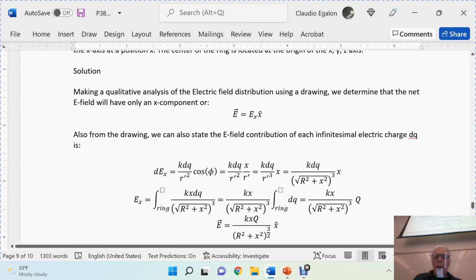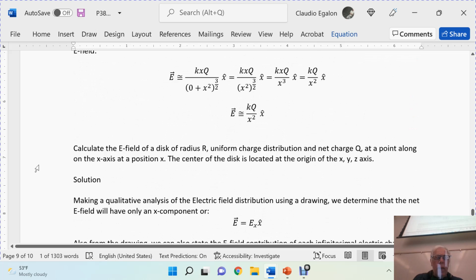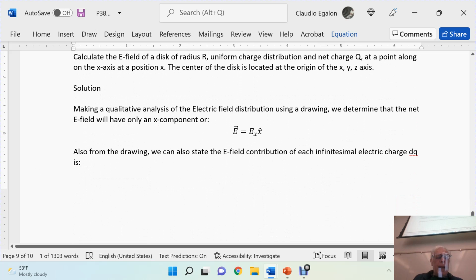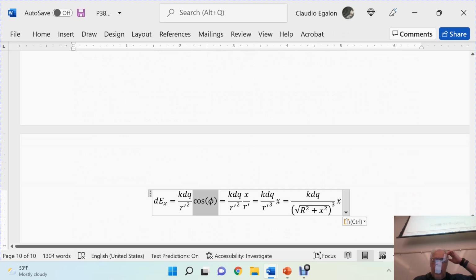Let's see here. We're going to have an infinitesimal contribution of the electric field that's going to be given by a term here that's multiplied by cosine of phi. With one important difference.